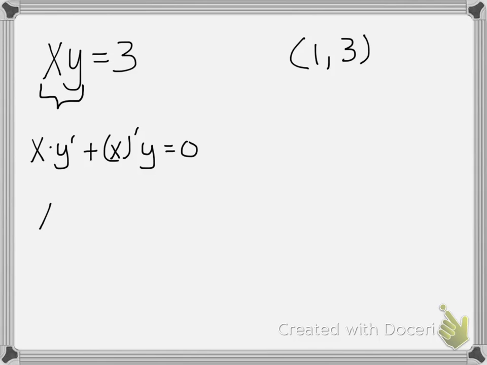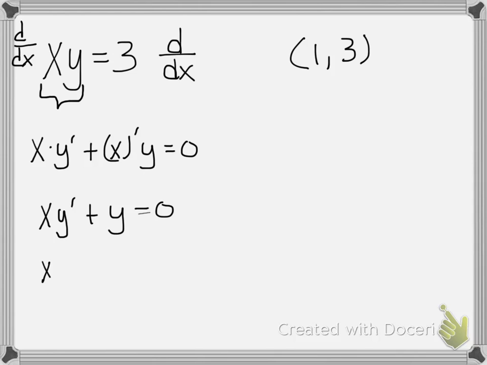So that is going to leave us with x y prime plus, since we're doing it with respect to x, the derivative of x is just going to be 1 times y, which is going to give us y, equal to 0.